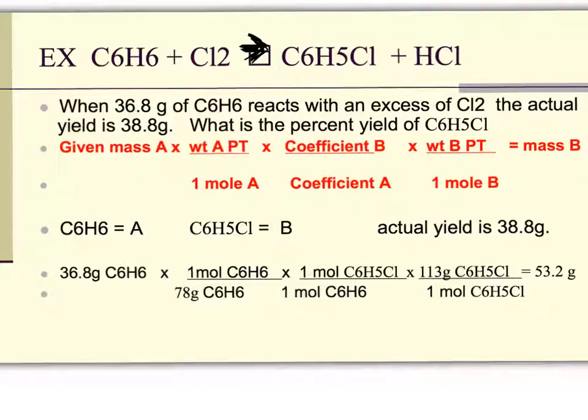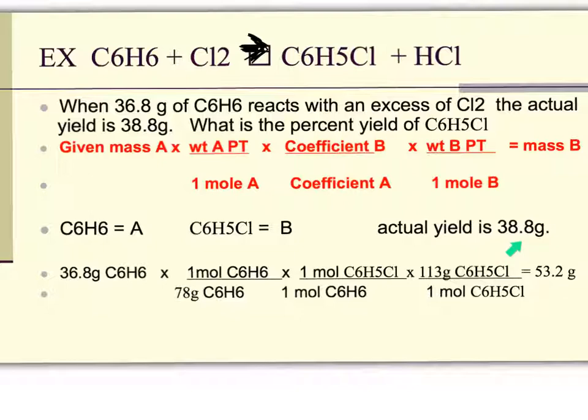We have our 1 mole of C6H6 over 78 grams. This is the weight from the periodic table. We have our coefficients from our balanced equation. We have 1 mole, the weight from the periodic table. We get our theoretical yield as 53.2.